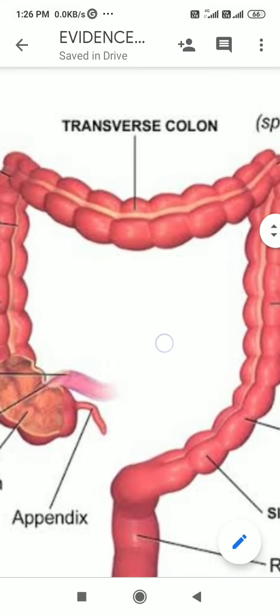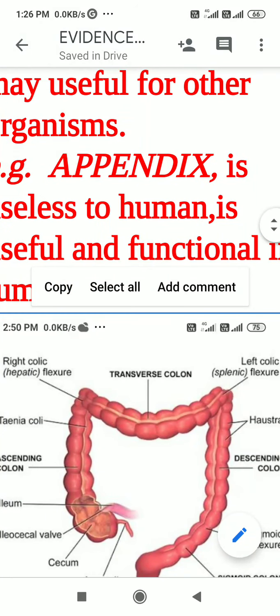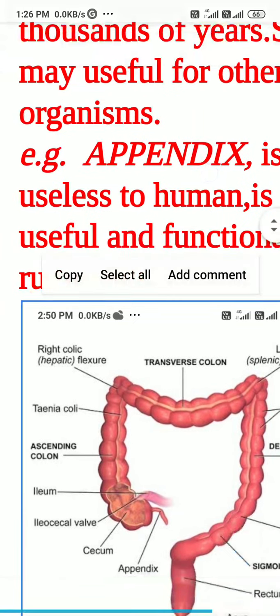So this appendix is useless in the human body, not in use. Useless part. But this organ appendix is useful in ruminants and herbivores, and this part is used for digesting cellulose from grass or plants.